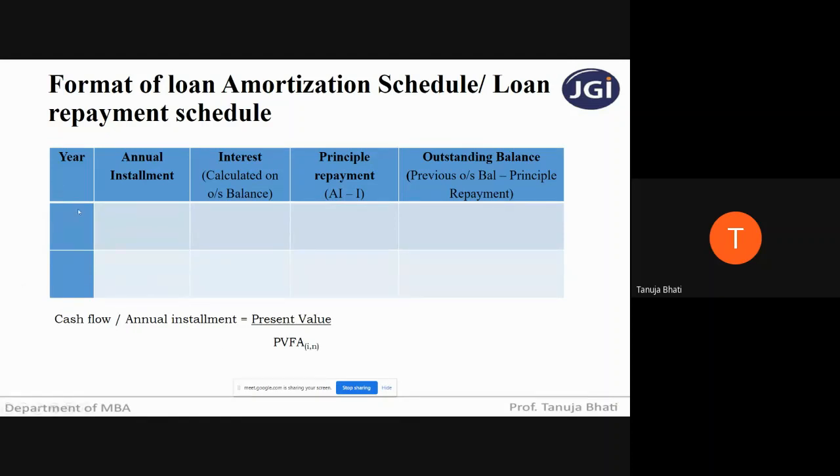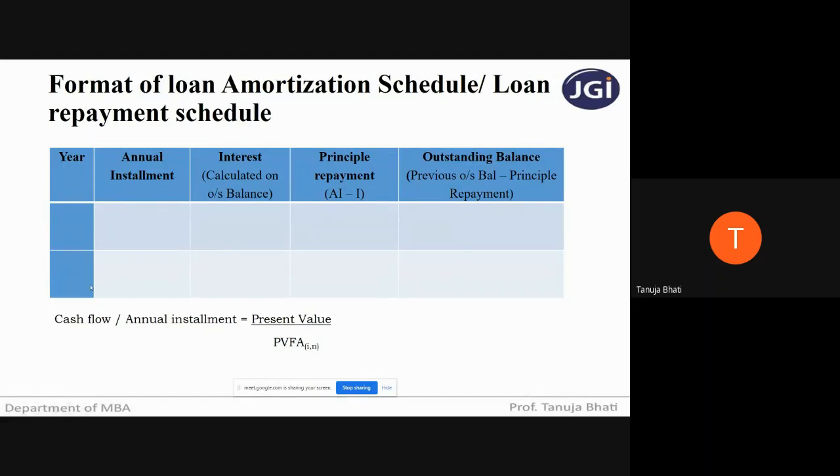So what is going to happen here? The annual installment column is to be calculated by all. For this column, you need to use the formula: annual installment equals present value divided by present value annuity factor. Suppose you get a particular value. That value has to be written in this column for each year up to the loan period.